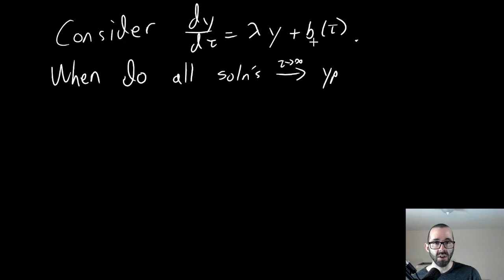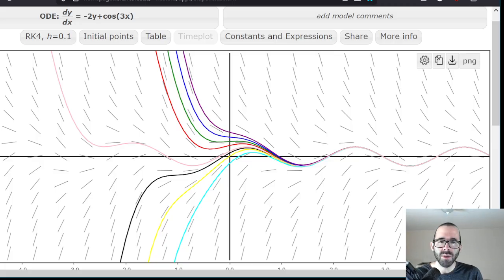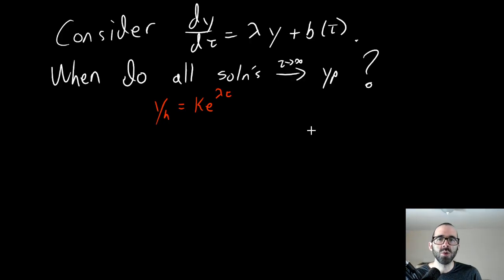Is it all the time? Is it only for some lambda? Or what? To answer this question, we have to think, what does the homogeneous solution look like? The homogeneous solution is going to be a solution to this. That's just going to be k e to the lambda t. And we said the reason why they all approach that same solution is because the homogeneous part was going to 0.